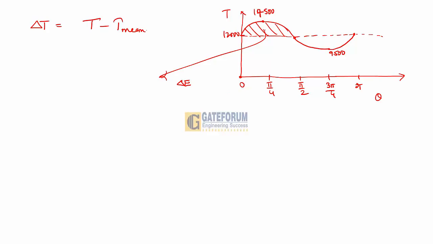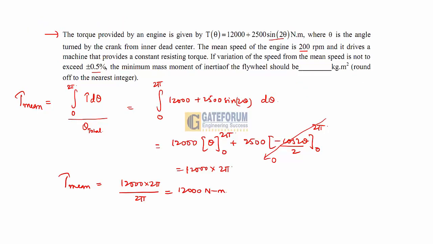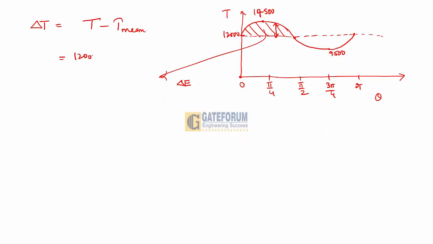The variable height is nothing but T minus T mean, which is 12,000 plus 2,500 sine 2 theta minus 12,000. So the 12,000 terms cancel, and delta T is equal to 2,500 sine 2 theta.